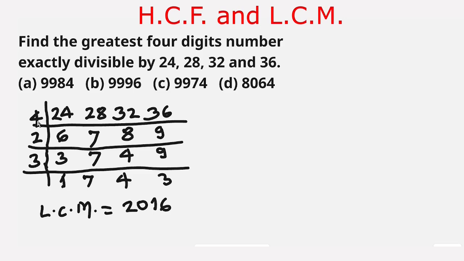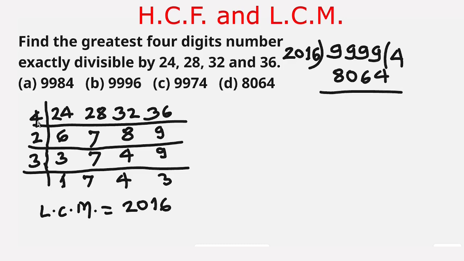Now the greatest 4-digit number is 9999. We divide this number by our LCM 2016. 2016 divides 9999 for 4 times, and 4 times 2016 is 8064. 8064 when subtracted from 9999 we get 1935.